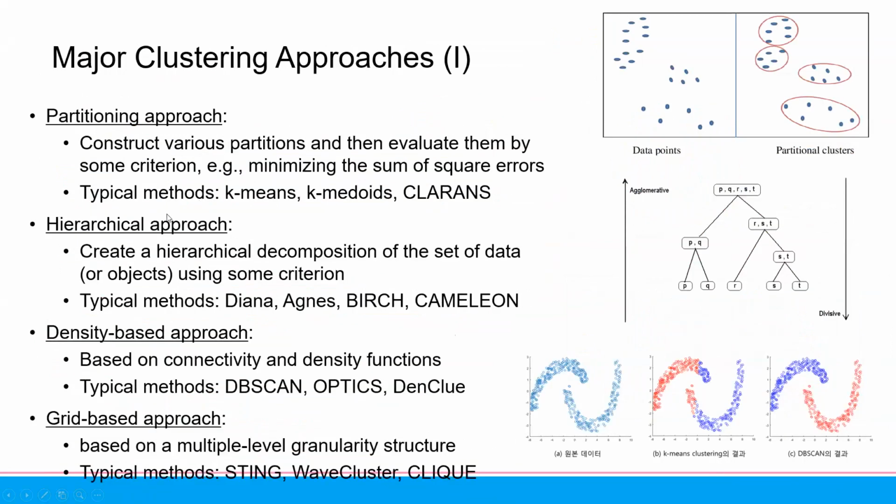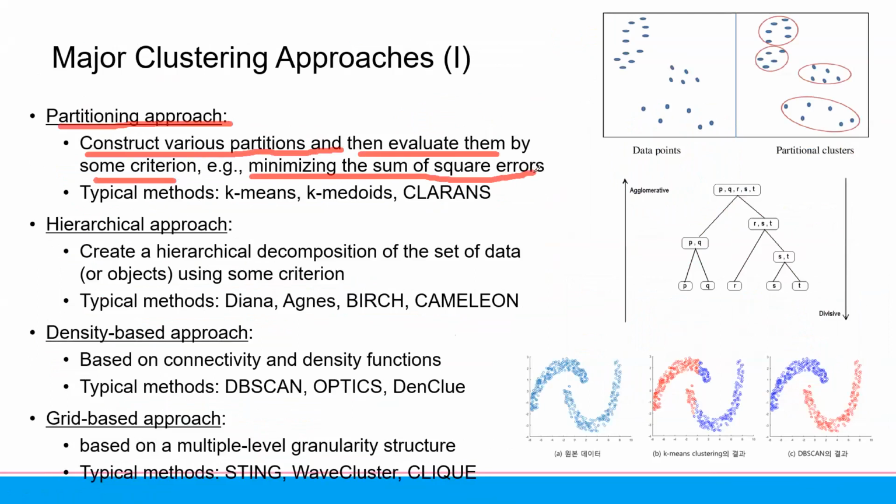I would like to mention some of the approaches. The first is the partitioning approach. Construct various partitions and then evaluate them by some criteria, for example, minimizing the sum of square errors.